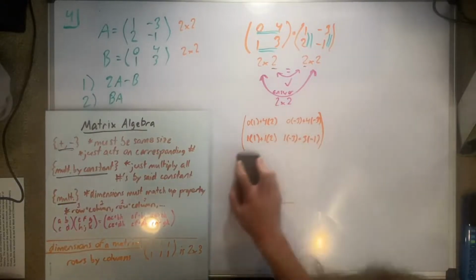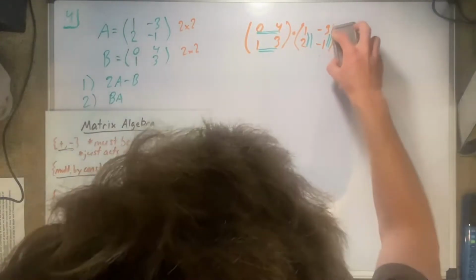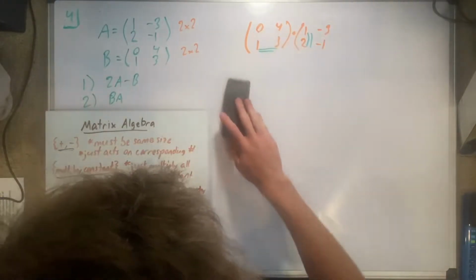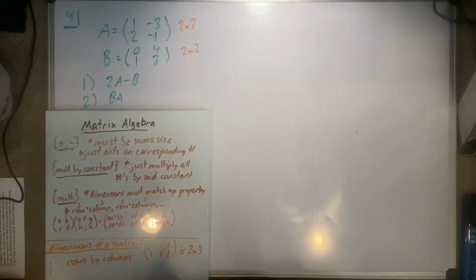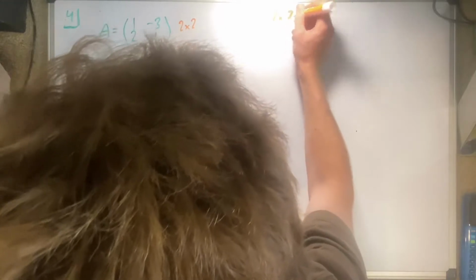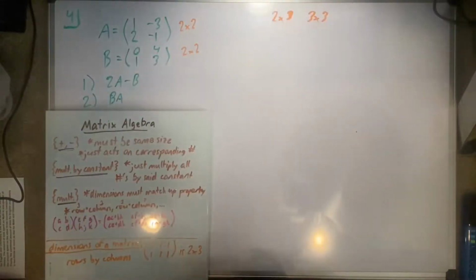So really quickly, let's just experiment for a minute and show you how it would work if we had an extra column. Actually, we're going to do it a different way. We're going to have a 2 by 3 and a 3 by 3, and we're going to multiply those.